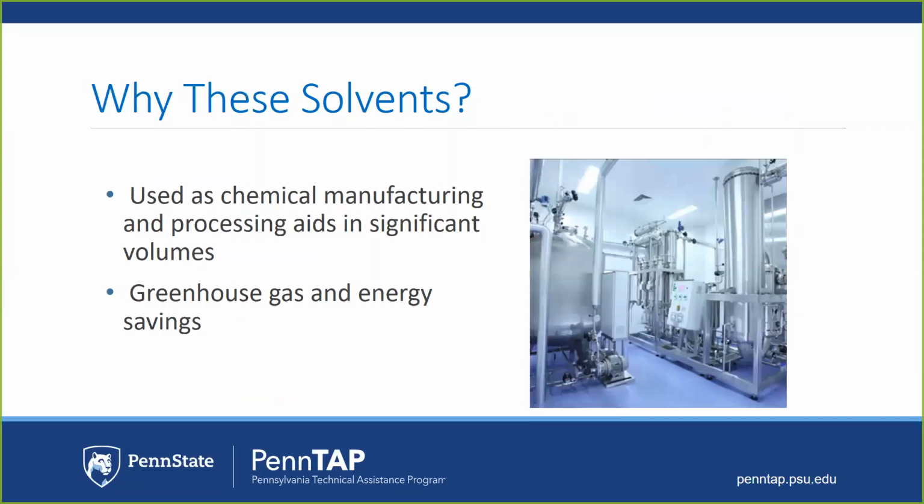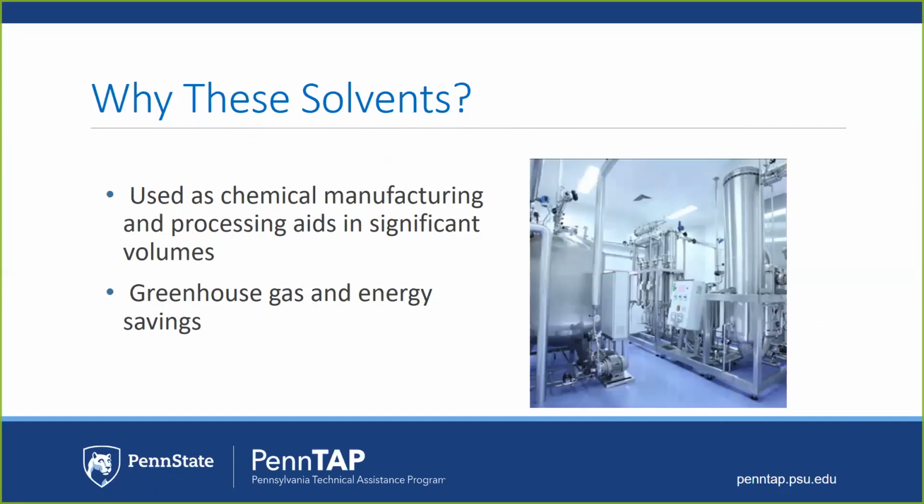Why does the exclusion focus on these solvents? These solvents are used as chemical manufacturing and processing aids in significant volumes in the four selected sectors. For example, pharmaceutical manufacturers may use 100 kilograms of solvents to make 1 kilogram of active pharmaceutical ingredient.